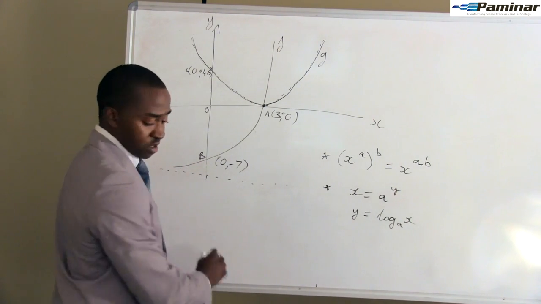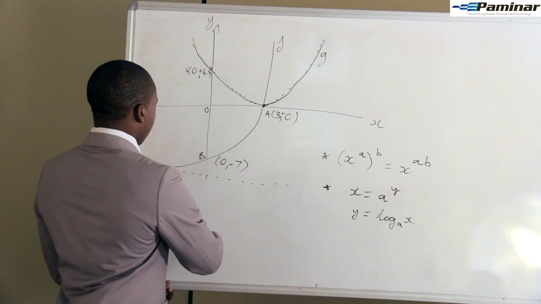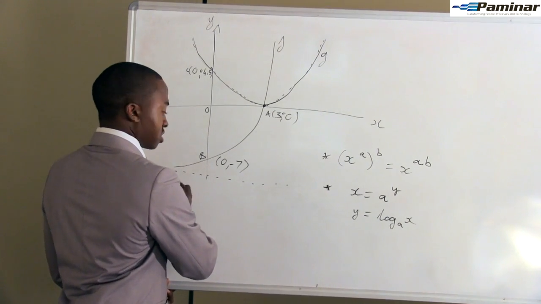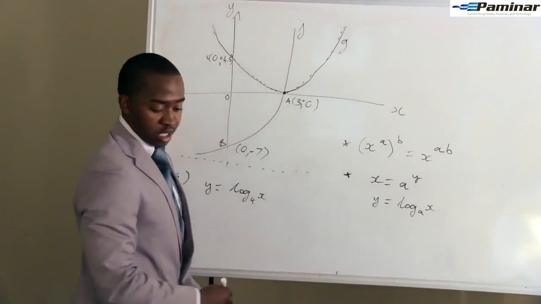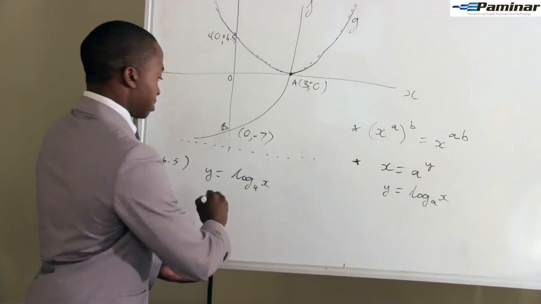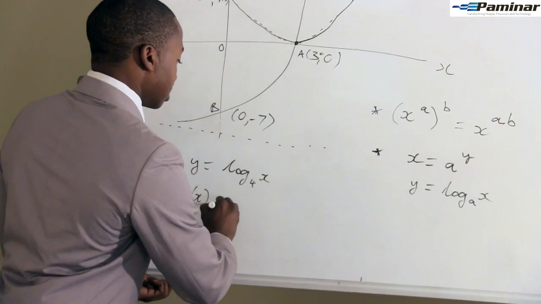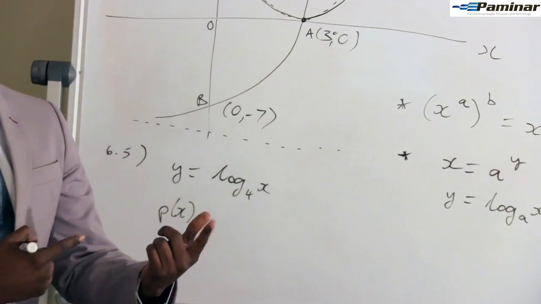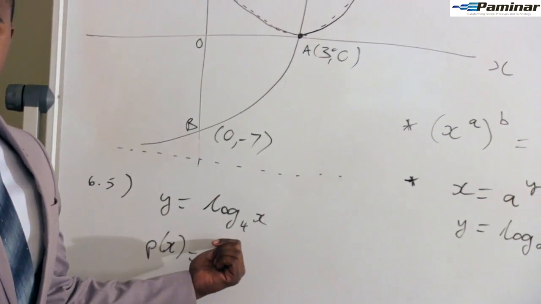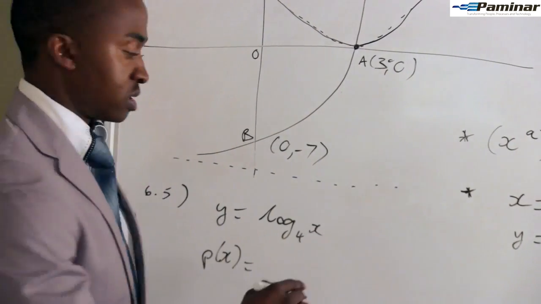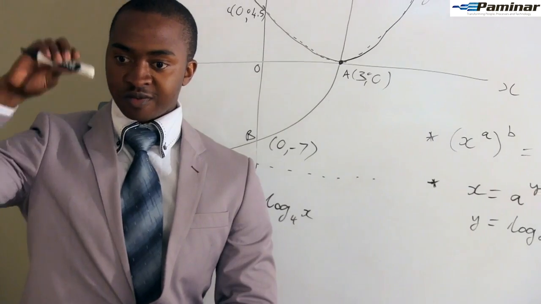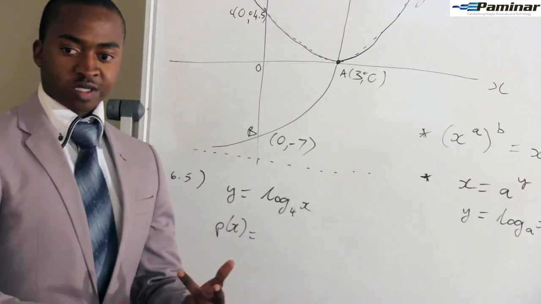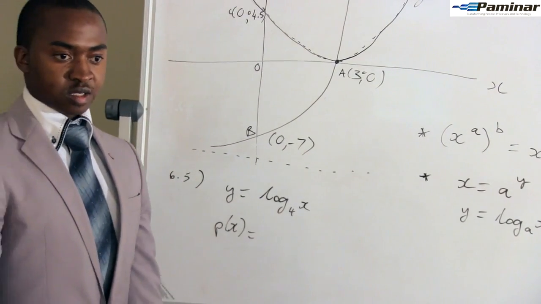From the previous question, we had y is equal to log base 4 of x. So P of x, which is the reflection of what we got in the previous question about the x-axis. On top y is positive, at the bottom is negative. So it's just simply negative log base 4 of x.